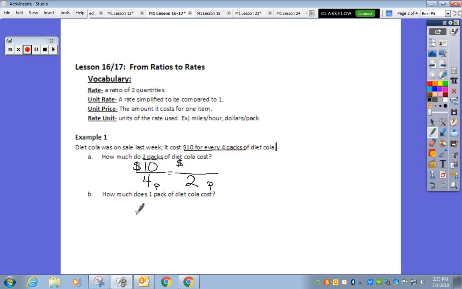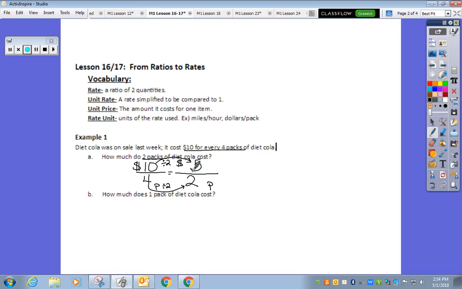Then we're going to use our concept of equal fractions to find our answer. To go from 4 to 2, I have divided by 2. Which means I'm going to take 10 and divide by 2 also, because whatever we do to our denominator, we must do to our numerator. And 10 divided by 2 is 5. So this says it is $5 for 2 packs.